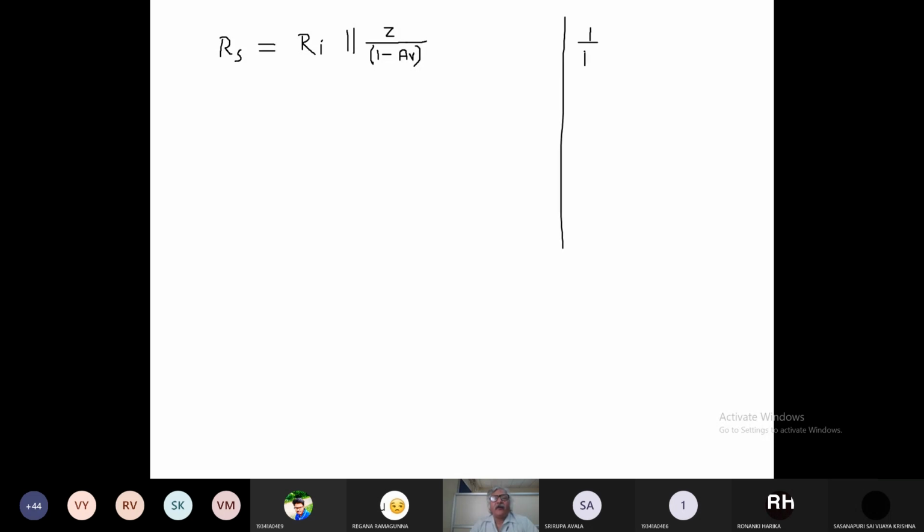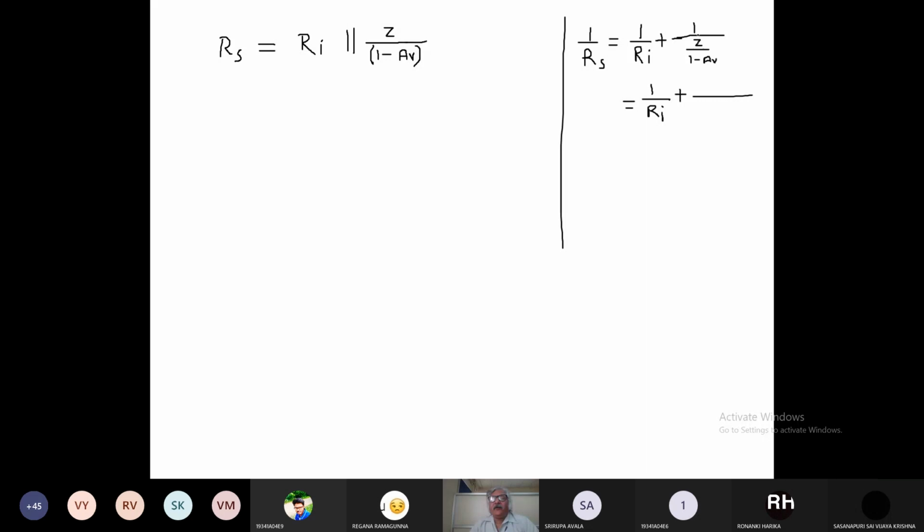So if you write Rs is equal to Ri parallel to Z by (1 minus AV), then you can write this expression in this way: 1 by Rs is equal to 1 by Ri plus 1 by the second component, Z by (1 minus AV).